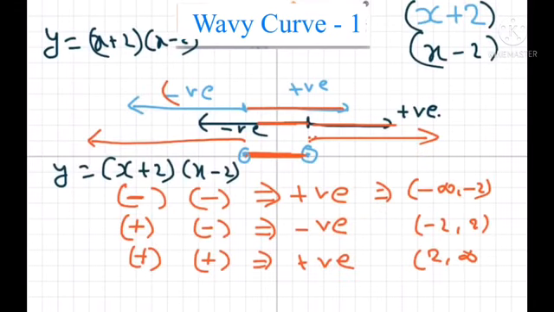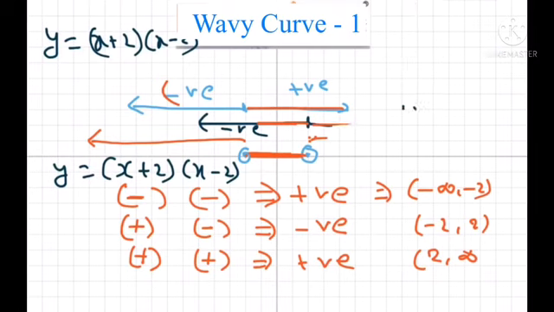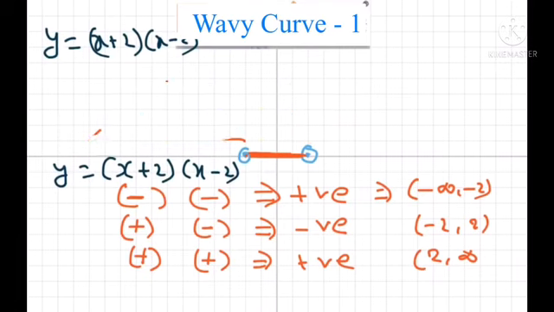Let's see this. If I erase some of the calculation, finally what we can conclude here is: x plus 2 into x minus 2. So this is -2, this is +2.